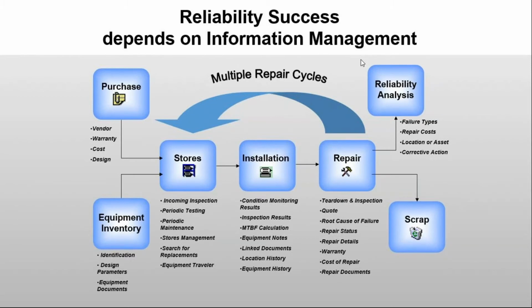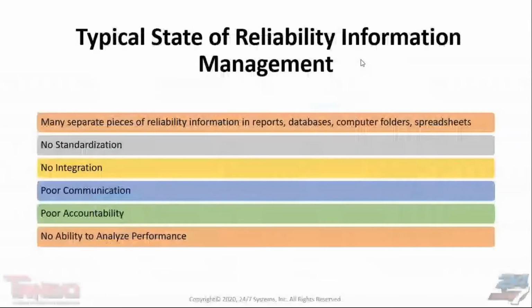And what we're talking about is that, unfortunately, far too many organizations that I still see today in 2020 are focused on generating lots of data and reports and individual pieces of information, but they tend to be islands of information. They tend to be separated, not shareable easily with all of the stakeholders in the plant.